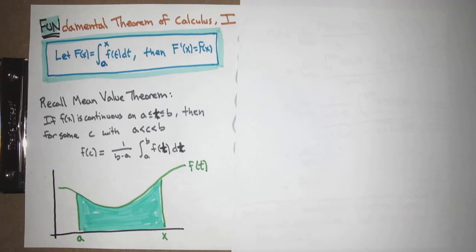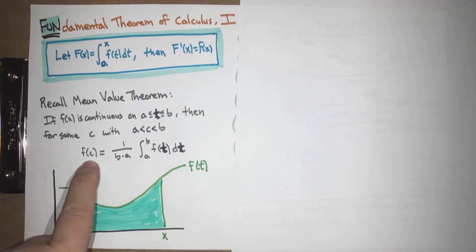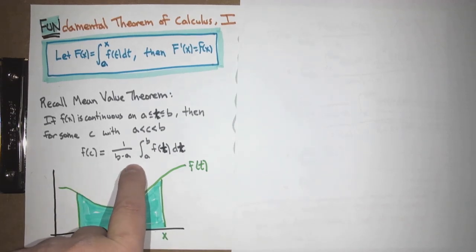If we have a continuous function, so technically this is for continuous functions, but that's not a big hurdle. We'll talk about that later on. If we have a continuous function from, let's say, a to some point b, then there is some point in between a and b where the function is equal to the average.